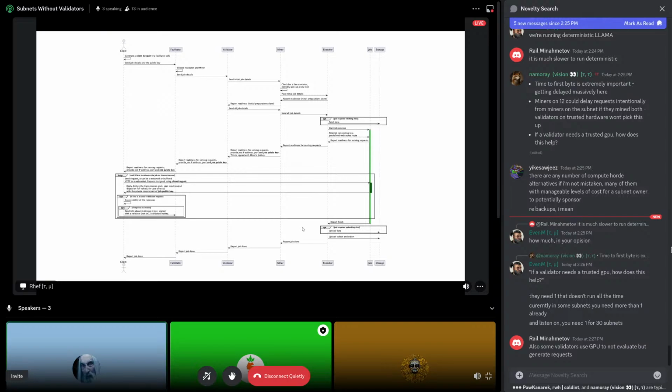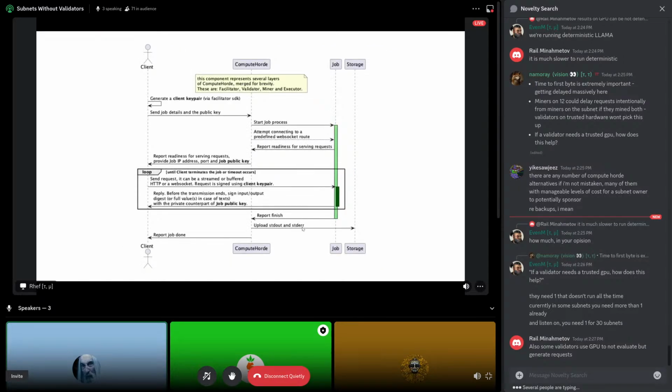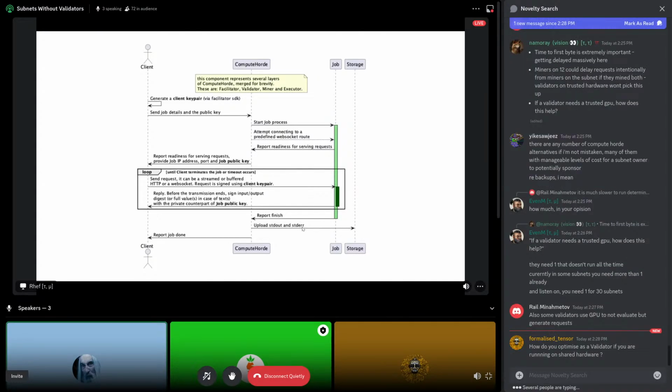And this is a little bit more complicated flow that shows the full picture. It's 4 components. So we generate a pair of keys that we will use for access.